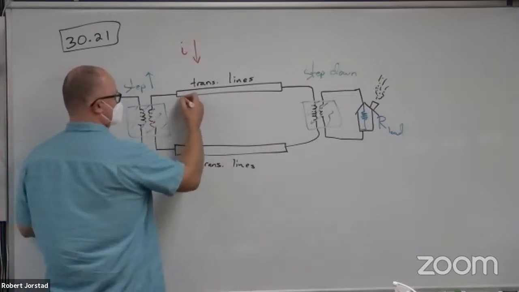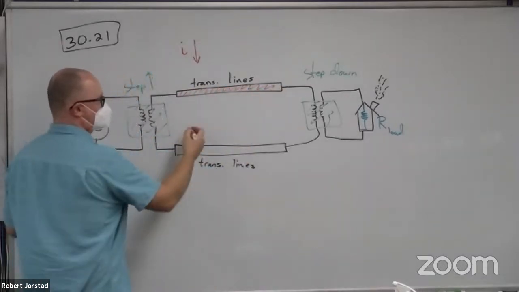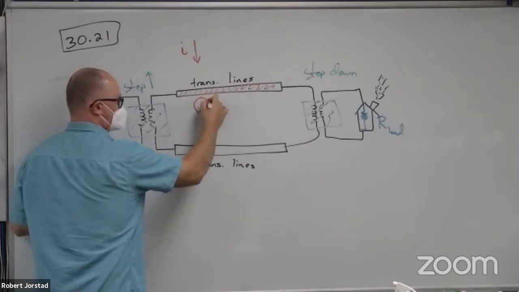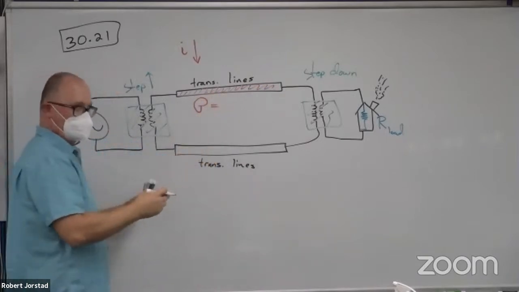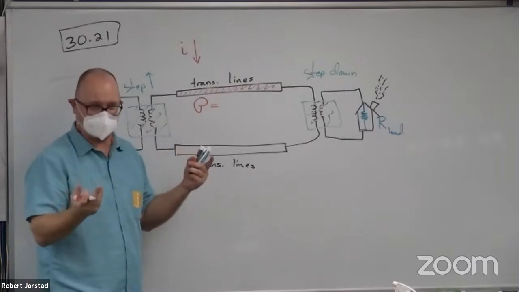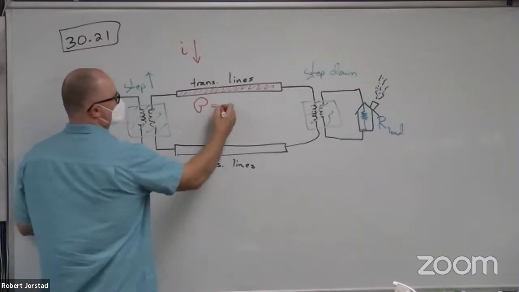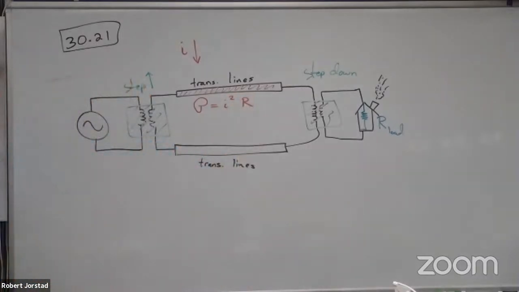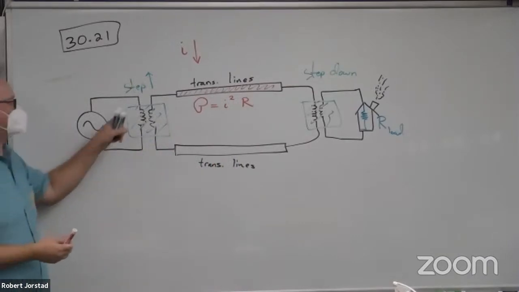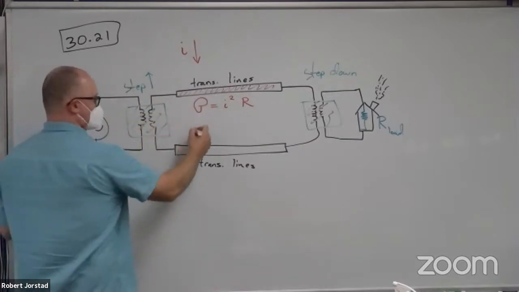How does that relate to the current? You're talking about power and we're talking about current. Write power in terms of current. Yes. Now think about this. What happens when you step it up and the current goes down? What happens to the power? It goes down.